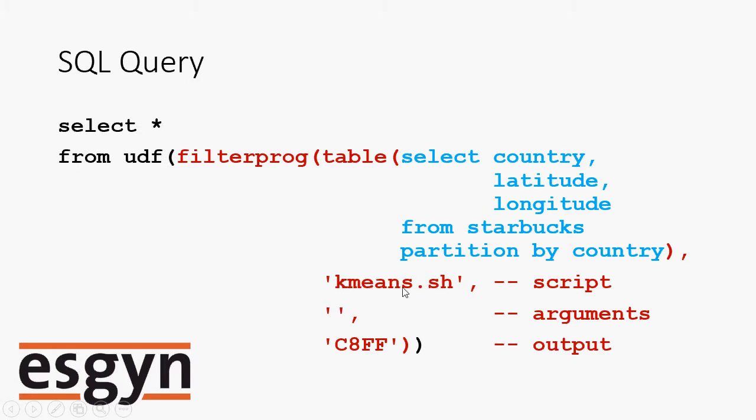I wrapped the R program into a shell script. Then come arguments to the script, which are none in this case, and some description of the output parameters, the output columns of this program. This is what was hard to see in the R environment because it was all written in one long line, but this is the query that I invoked and printed.